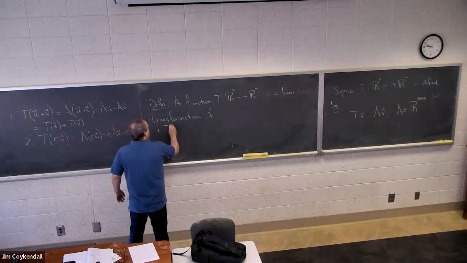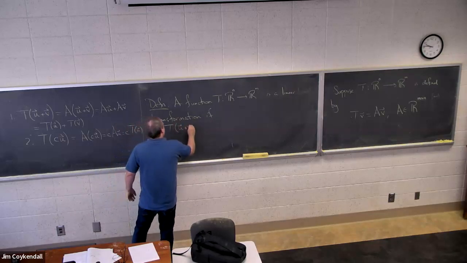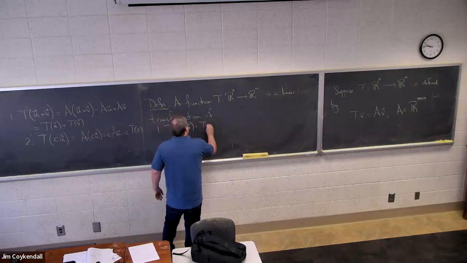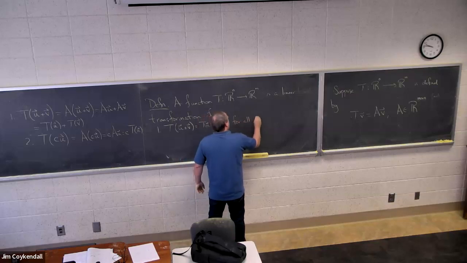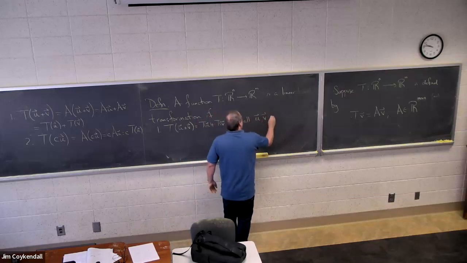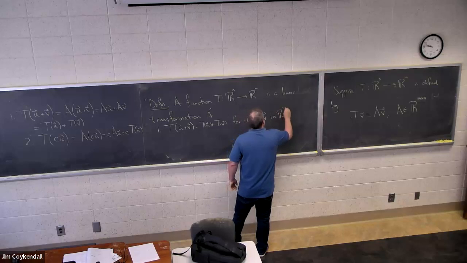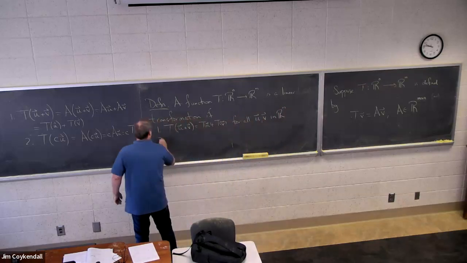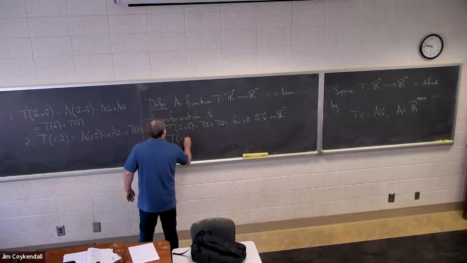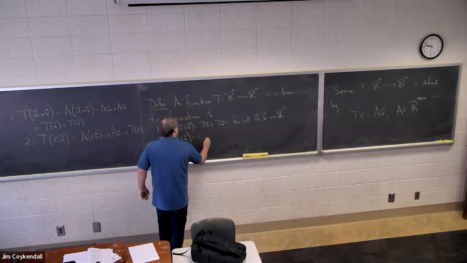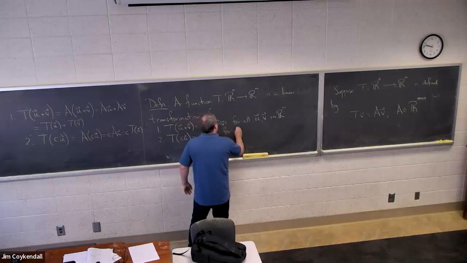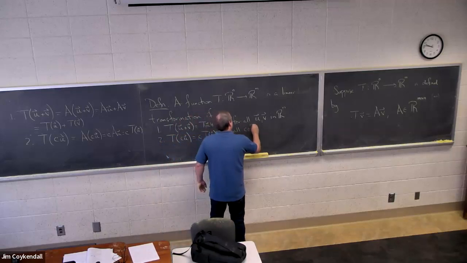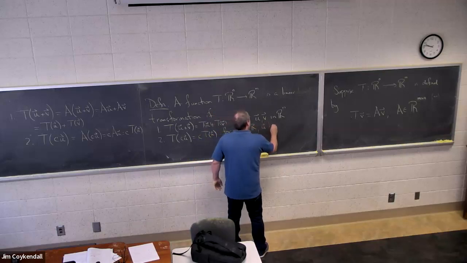Number one, T of u plus v equals Tu plus Tv for all u, v in Rn. And number two, T of cu is cTu for all c in R and u in Rn.